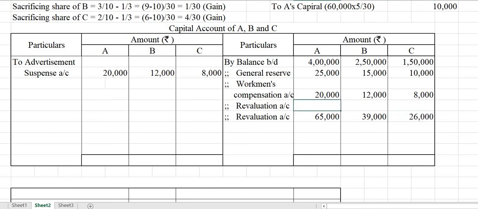Before that, one more journal entry is there. In revaluation account, we have given compensation to B. How much? 10,000 we have given. That also we have to write. Then again, B's capital, revaluation account, there is B's capital is there.